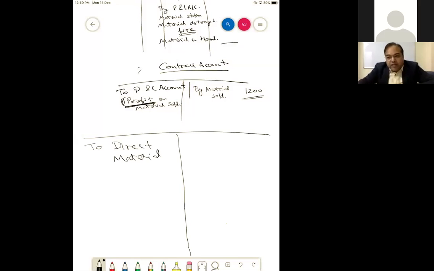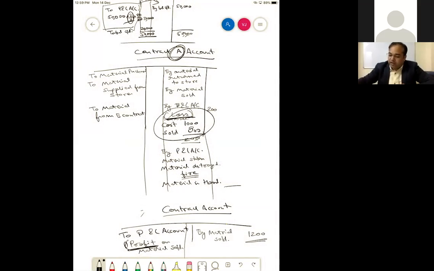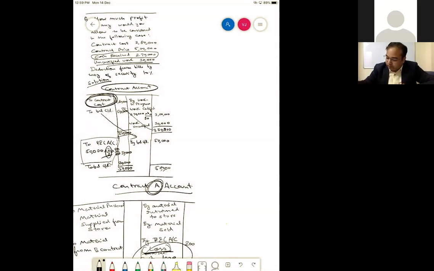So direct material we can write down, wages also. As in unit costing, we saw that there are direct material, direct wages, and direct expenses. All these things we are going to show on your left hand side. If there is any breakup, then you show it on the basis of breakup.